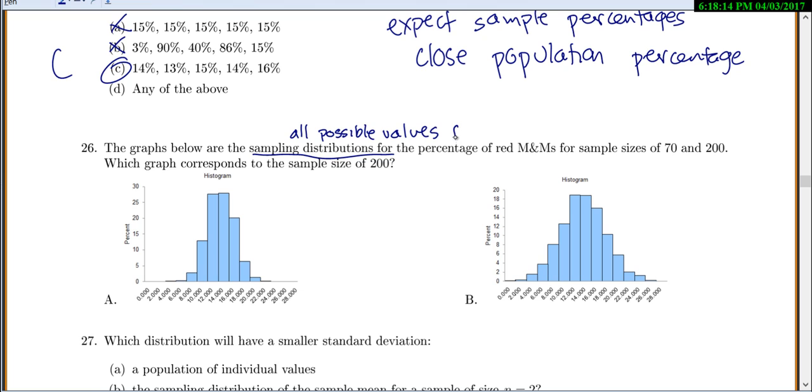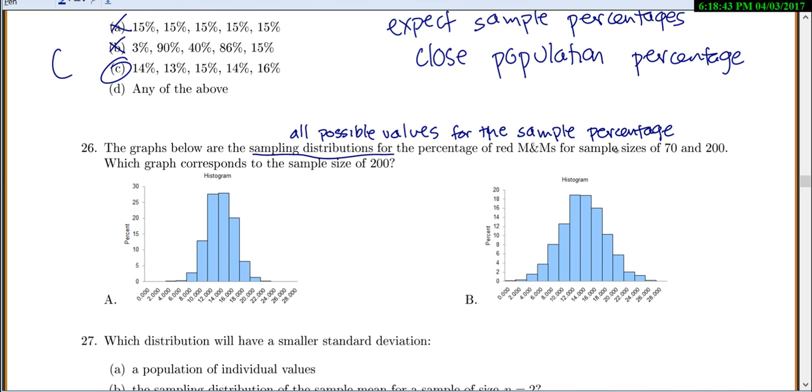All the possible values for the sample percentage. Now when we say sample percentage, in our class we talked about proportions. But a percentage and proportion are the same thing, it's just that you multiply by 100. So for all the possible values for the sample percentage, for sample sizes of 70 and 200, which graph would be which? So what do we know about sampling distributions?